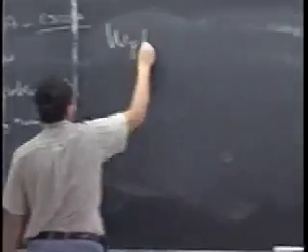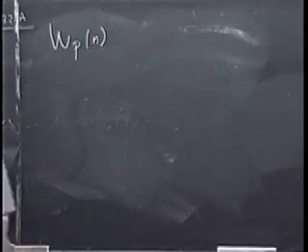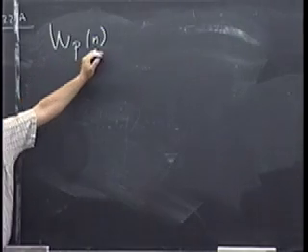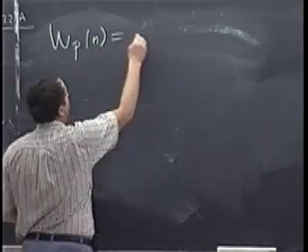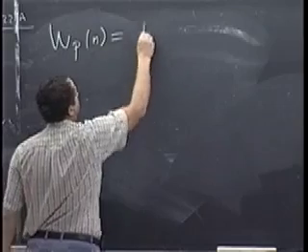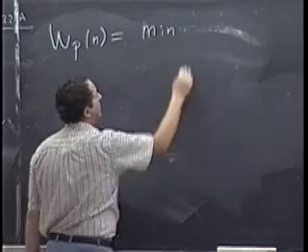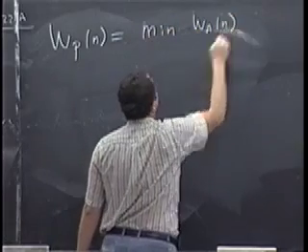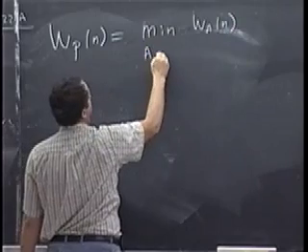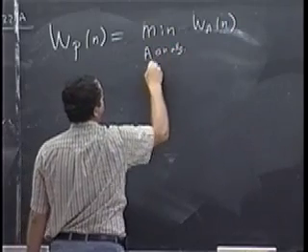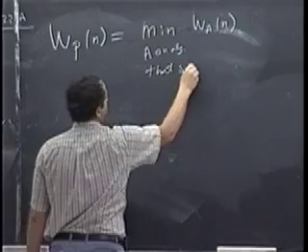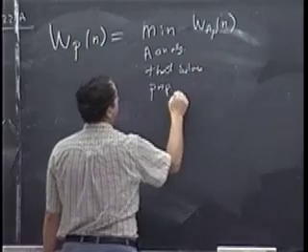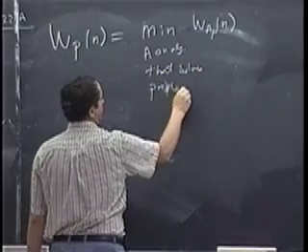But we can just define the worst case behavior of problem P as a function of n. And that's going to be the min of W_A(n) over A, an algorithm that solves, so in fact, I should have put a P here, problem P.